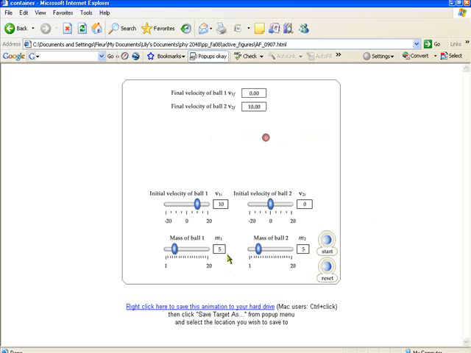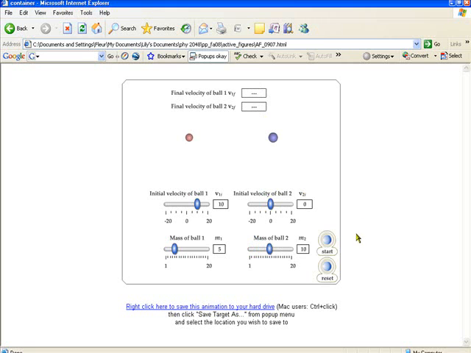Notice that if the masses of the two balls are equal, there is merely a transfer of velocity between one object and the next. How about if we increase the mass of object 2 to double its value, to 10 kilograms?